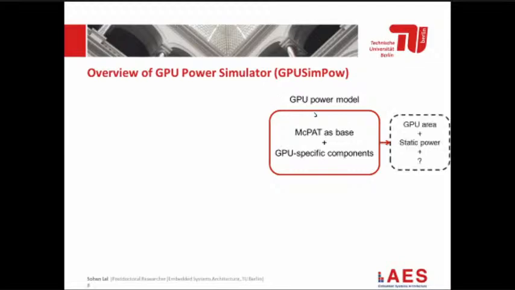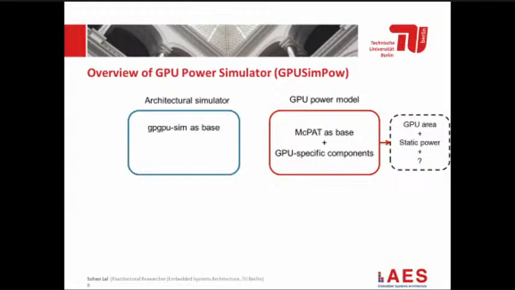From this power model, we can estimate the GPU area and the static power. The power consumption of a CMOS circuit has two main components: the static power and the dynamic power. The dynamic power depends upon the utilization of the circuit or its components. To estimate how much the components are utilized, we use another simulator, an architectural level simulator, that can tell us, for example, how much the caches, register files, and cores are utilized, and so on.